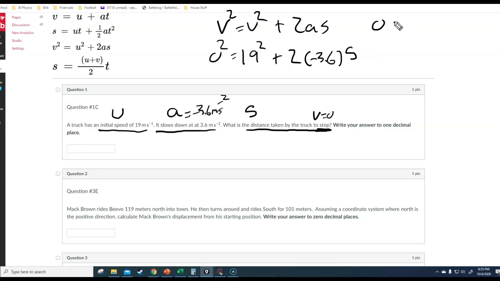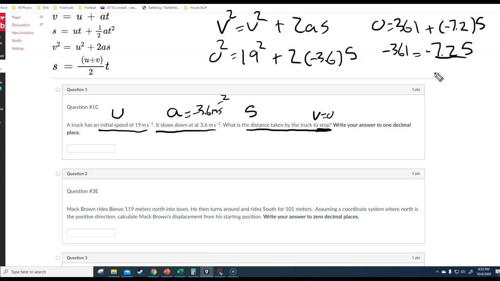Okay, so 0 squared is 0. 19 squared is 361. Plus 2 times negative 3.6 is negative 7.2 s. I subtract the 361.